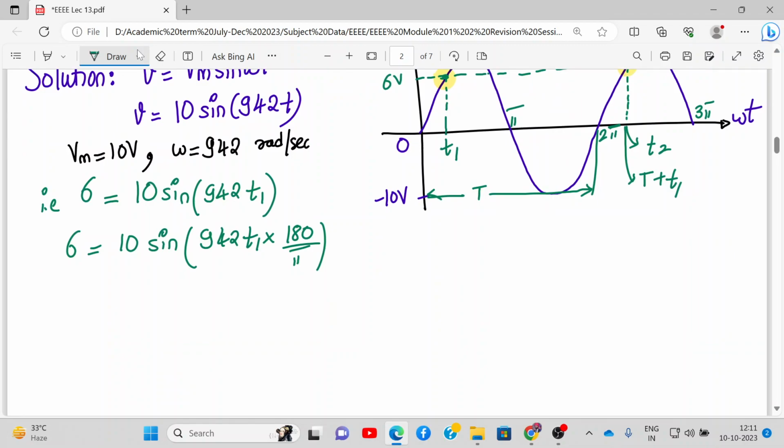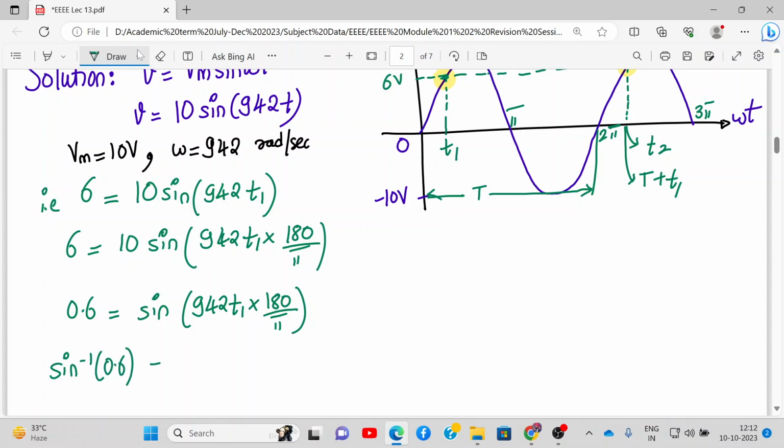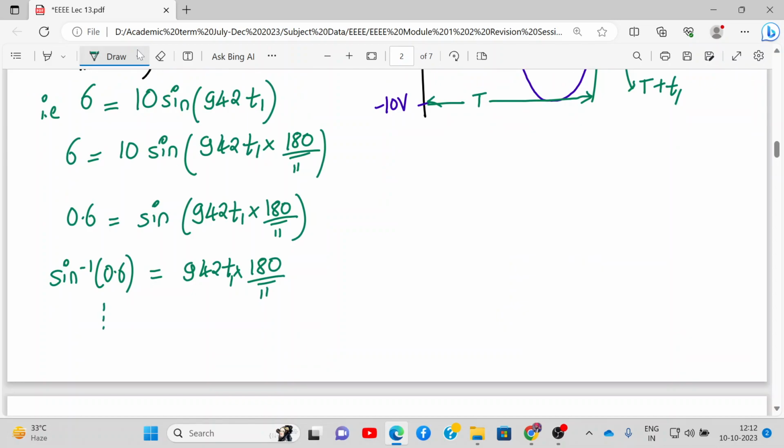Alright, so here if I take this on this side, it will be 0.6 equal to sine of 942 t1 into 180 by pi. So if I take sine inverse now, sine inverse of 0.6 will be 942 t1 into 180 by pi. So from here we can easily calculate t1.